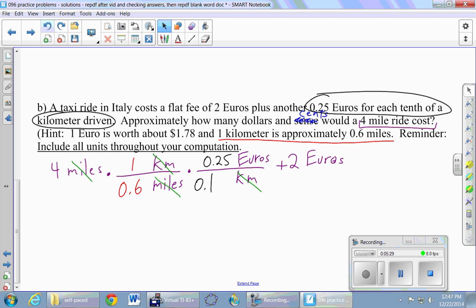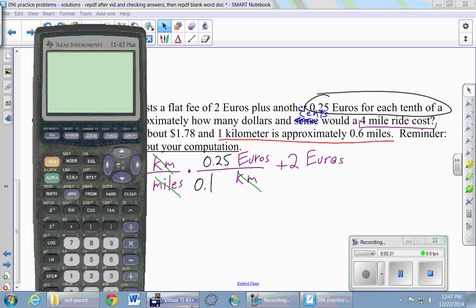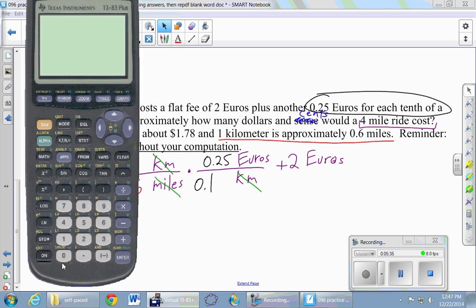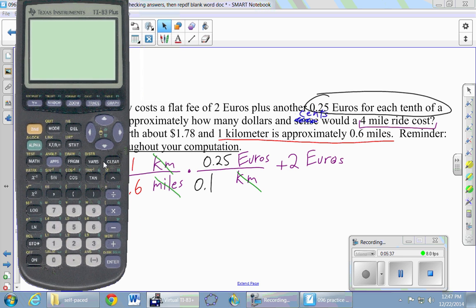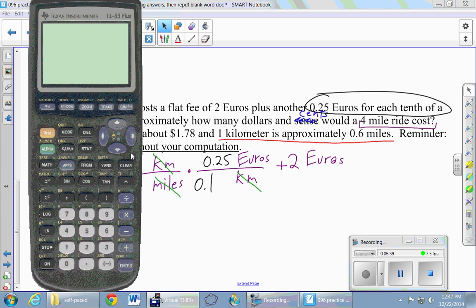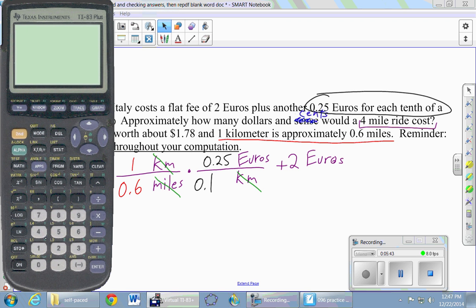So let's do that, and then we can go from euros to dollars and cents. Okay, so we're starting with 4 and then multiplying it by 1 divided by 0.6, and then multiply by the 0.25 divided by 0.1. And then to that, we're going to add the number 2. So crunching that all together, we get 18 2/3 euros.